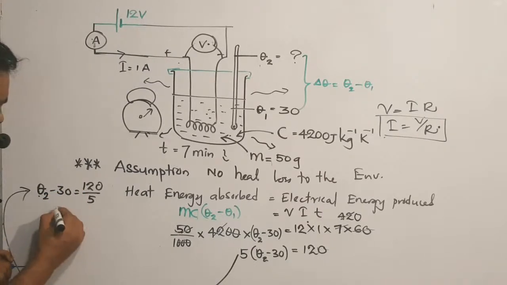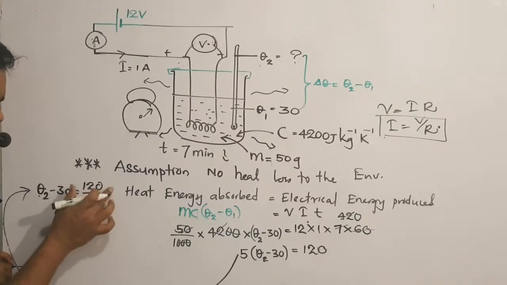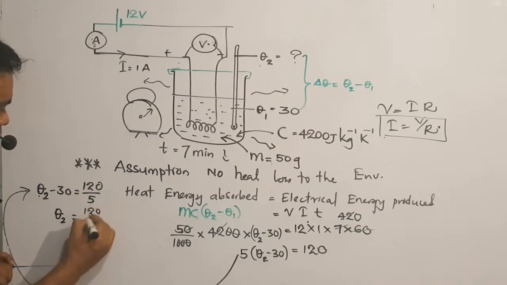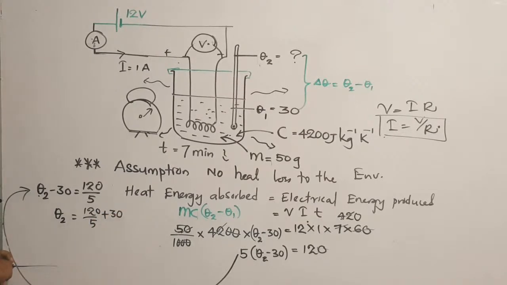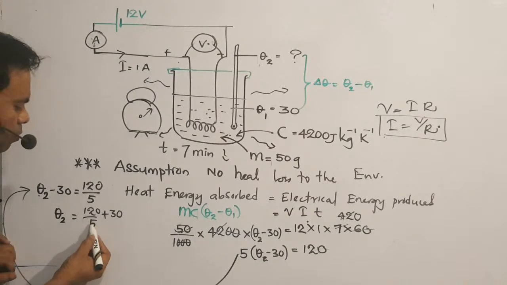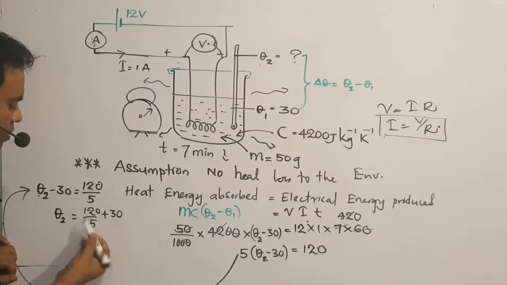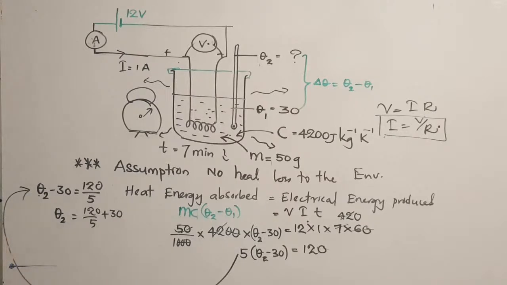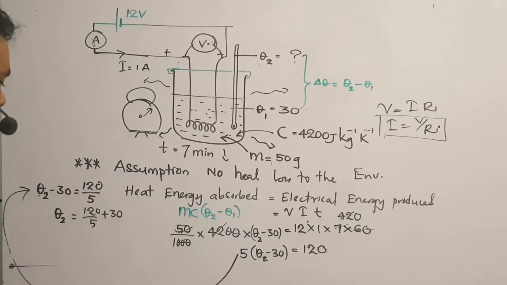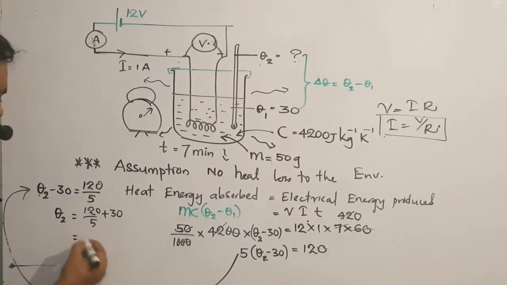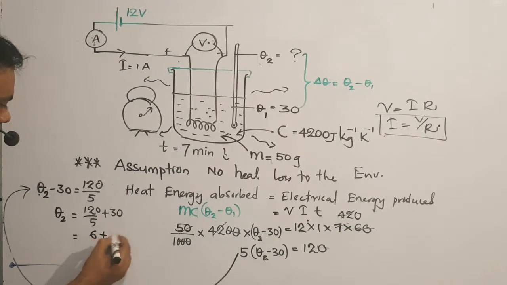Theta 2 equals, first 120 upon 5 plus 30. Okay. So you can calculate this. How many 5s in 120? 100 has 20 fives and 20 has 4, so that's 24. So that's 24 plus 30.